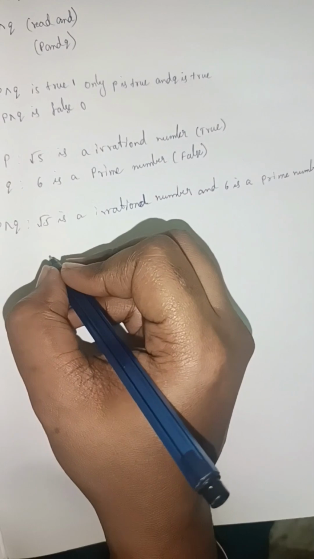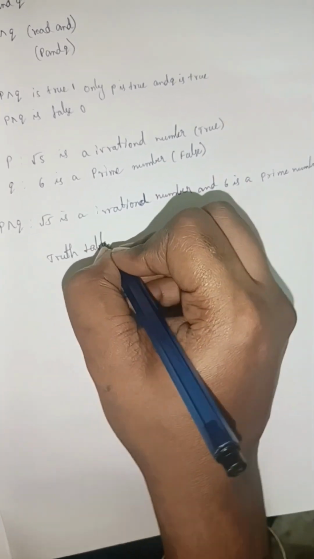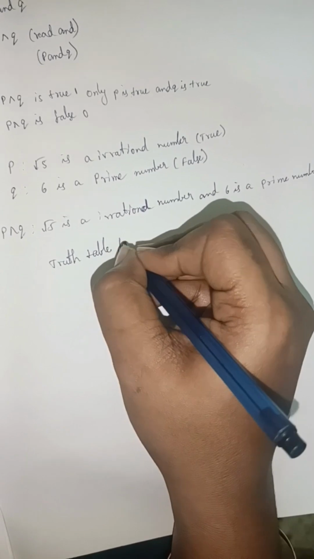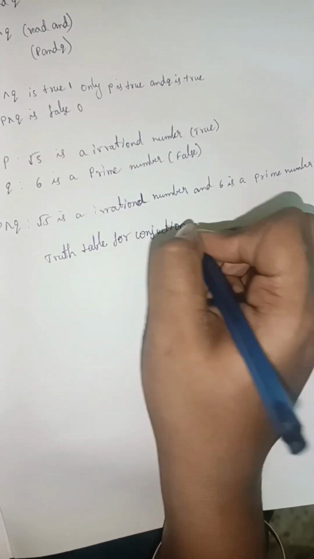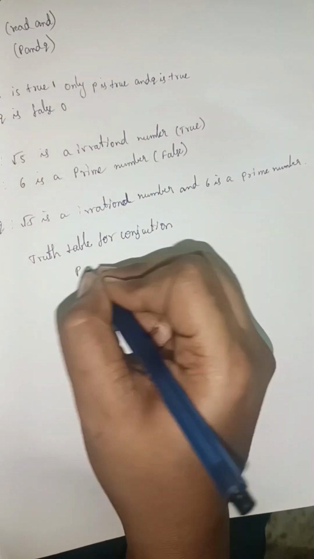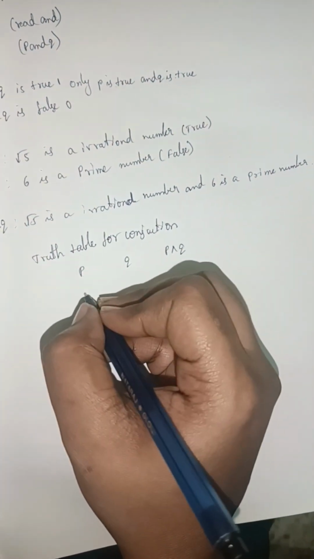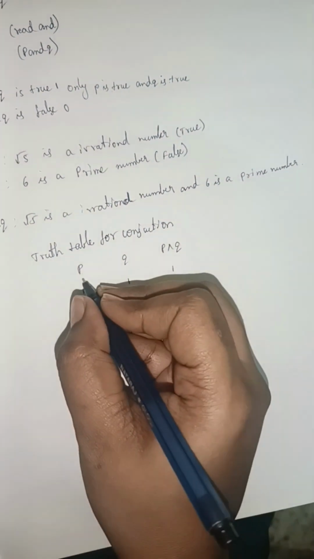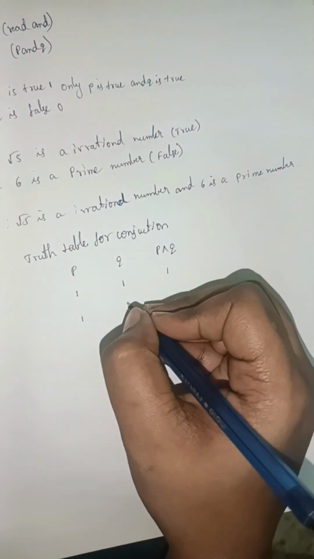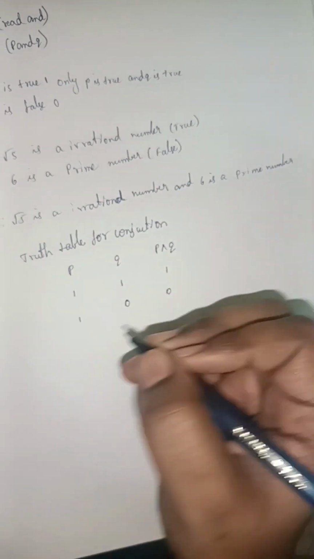Truth table for conjunction: P, Q, P and Q. If P true, Q true, P and Q also true. If P true, Q false, then P and Q false.